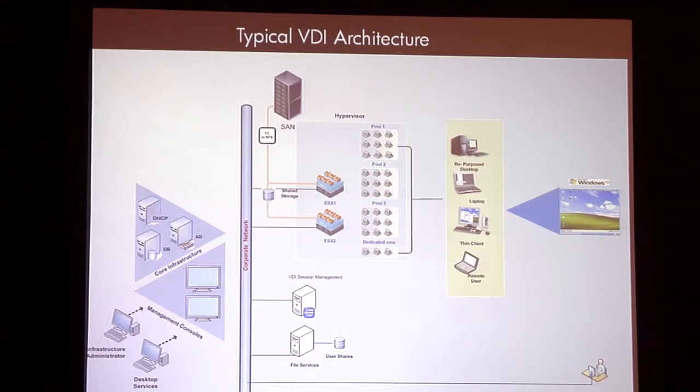And it was all sort of disjointed, and we had VDI session management stuff around brokering and desktop deployment and those kinds of things. And then on the left-hand side of the corporate network, we have all the management and network services required to actually host the environment.